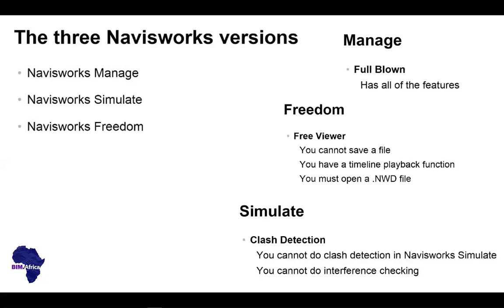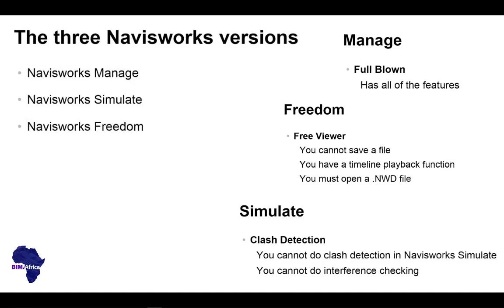Simulate is a version of Navisworks also, but with the exception of the tool called clash detection. So in Navisworks Simulate, the feature called clash detection is not made available, and you can also not do interference checking. While Navisworks Freedom is just a free version. There's no cost attached.